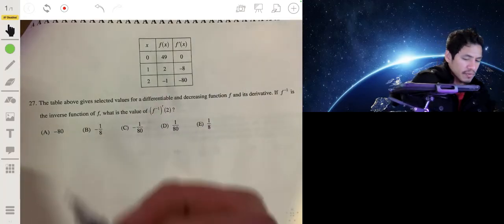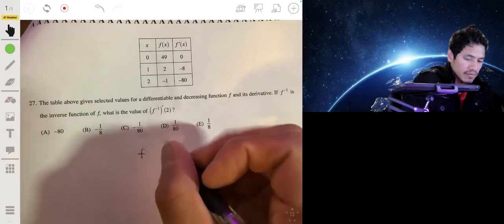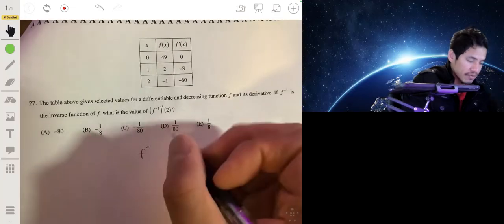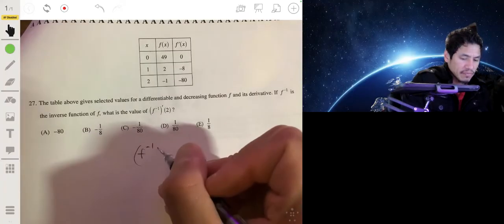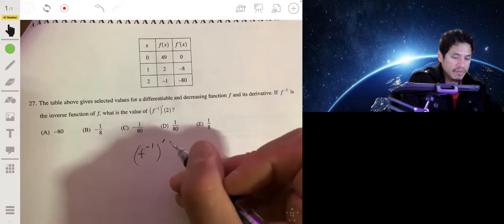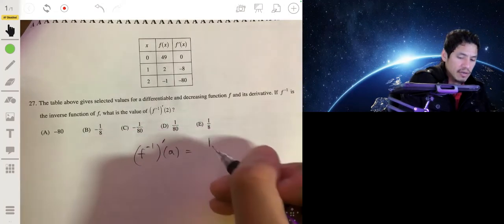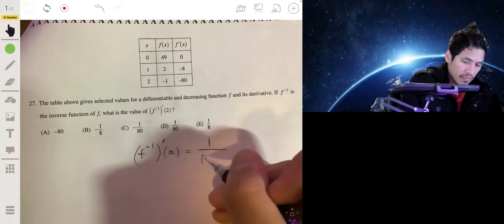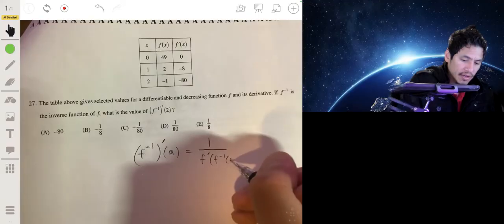So what we're going to do is use an equation that you can use to find the derivative of an inverse at a specific value, which is probably given in your textbook in this form: the derivative of the f inverse at some value a is equal to 1 over f prime of f inverse evaluated at a.